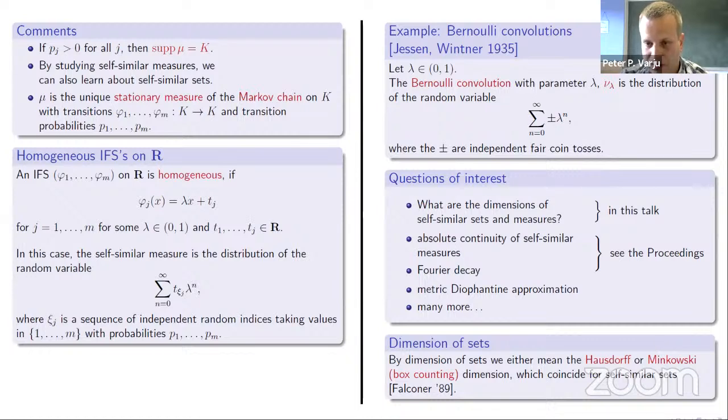In fact, Minkowski is not even defined always. But it turns out that self-similar sets are sufficiently nice, and these two values of dimensions coincide for them. This is a result of Falconer from '89. So this means that I don't have to specify which one I mean.